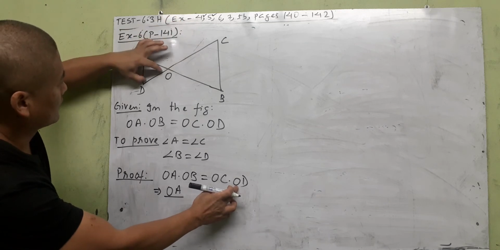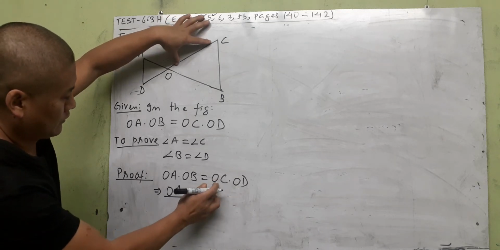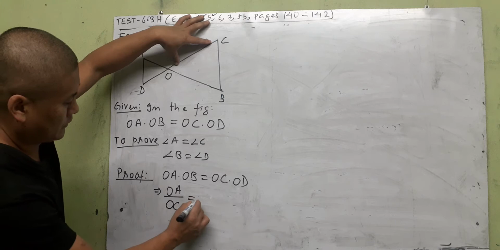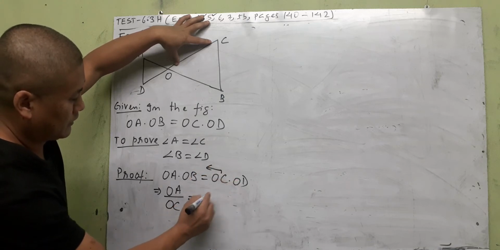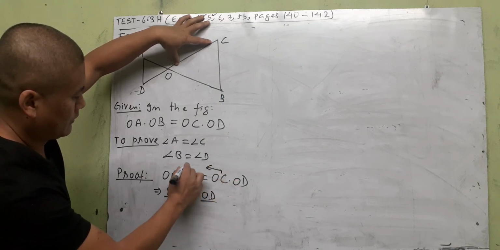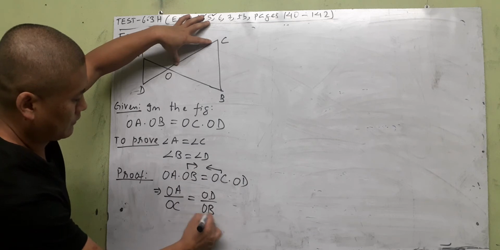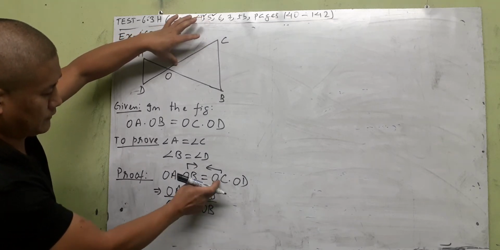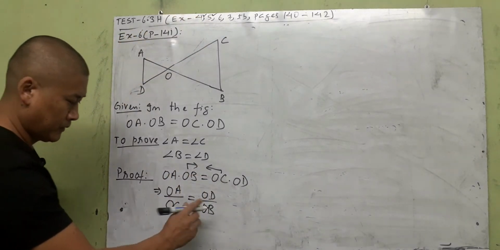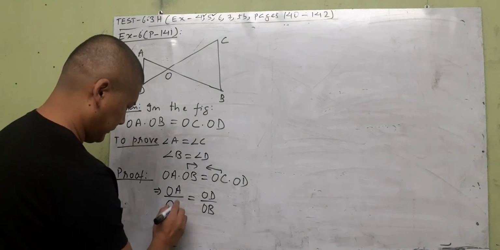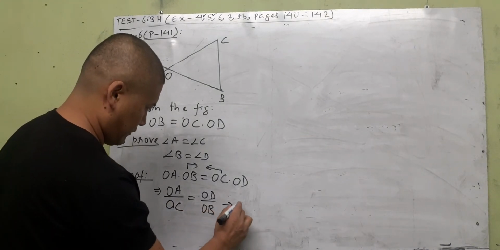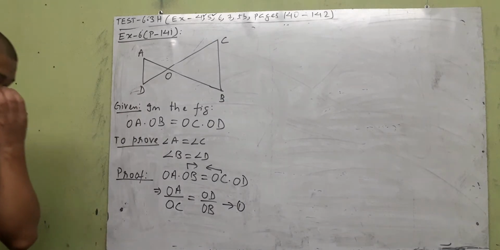OD is the side of the same triangle, so the other one is. So you shift this and it will come to denominator. So this is shifted. This is not shifted. And let us shift this OB, then it will come down. They shifted down. They shifted to the left, come down. So let us write this one as equation 1.